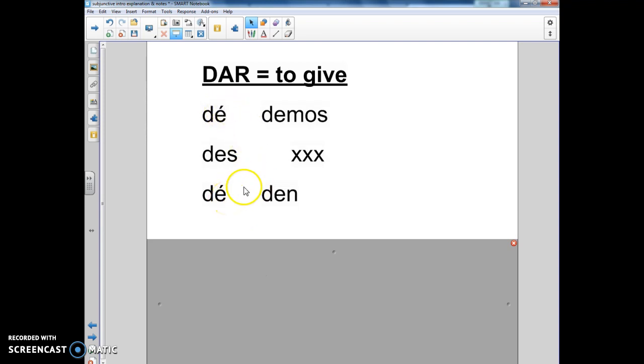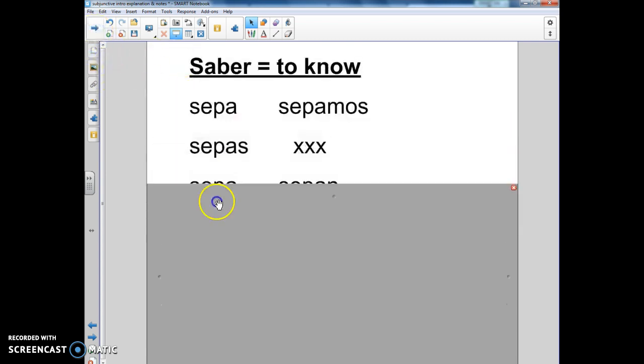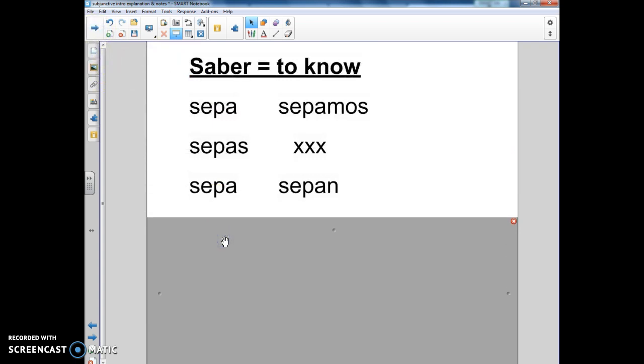And that's because we know that de by itself without an accent means of or from. So we have to kind of differentiate there. So dé, des, dé, demos, den. So otherwise dar is just a regular verb. I guess the other reason is that we're not starting with the yo form here because the yo form of dar is doy. Okay, saber, sepa, sepas, sepa, sepamos, and sepan.